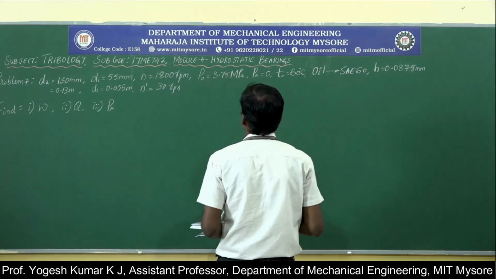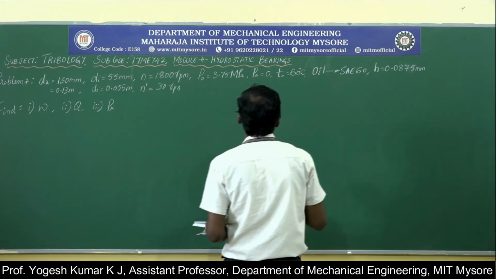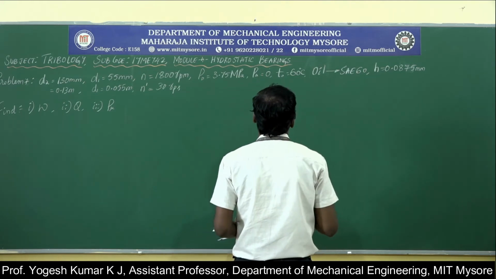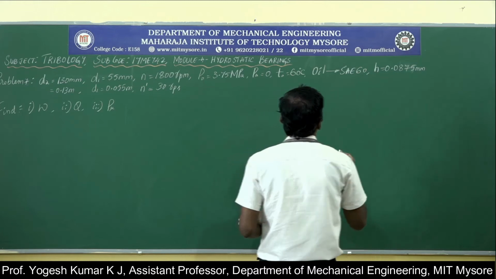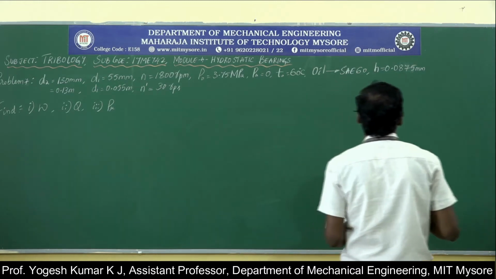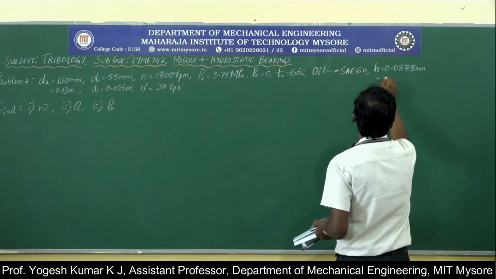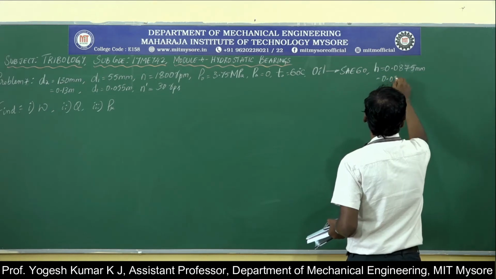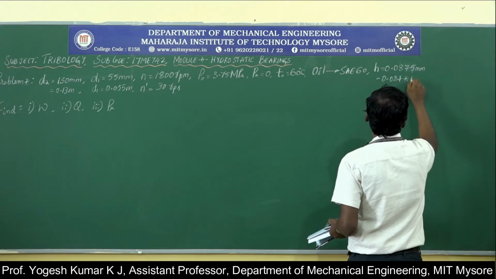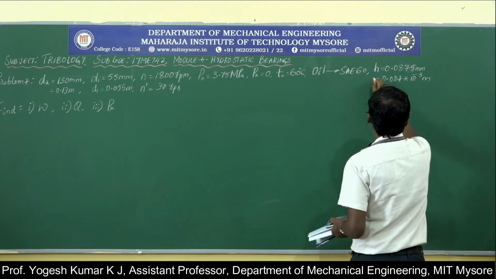Supply pressure or inlet pressure is 3.75 megapascal. External pressure is 0. Operating temperature is 60 degree centigrade. Oil used is SAE 60, and the film thickness is 0.0875 into 10 power minus 3 meters.